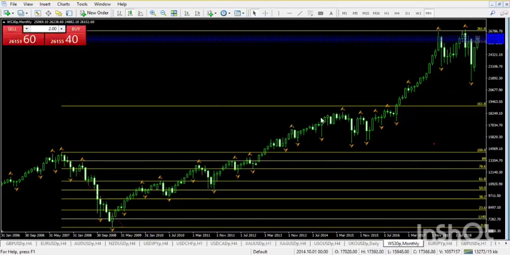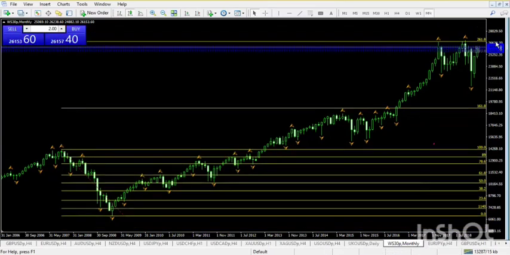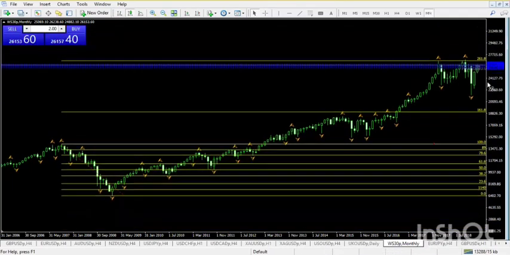For example, in 161, sometimes, and I'm saying sometimes, it's not certain, it doesn't happen all the time, but sometimes it reverses on the first collision. But sometimes I see when the 100 level is broken, the price goes straight to the 261 level.